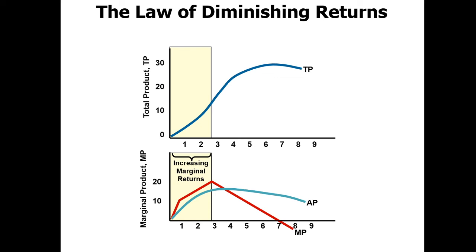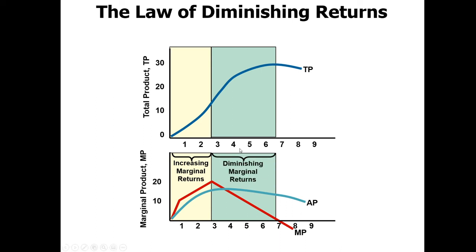Okay, so total product is increasing. In the beginning here in the yellow section, we have increasing returns, then we have diminishing returns, and then we go to negative returns. From between 2 and 3 workers, each worker is getting me more than the last worker.